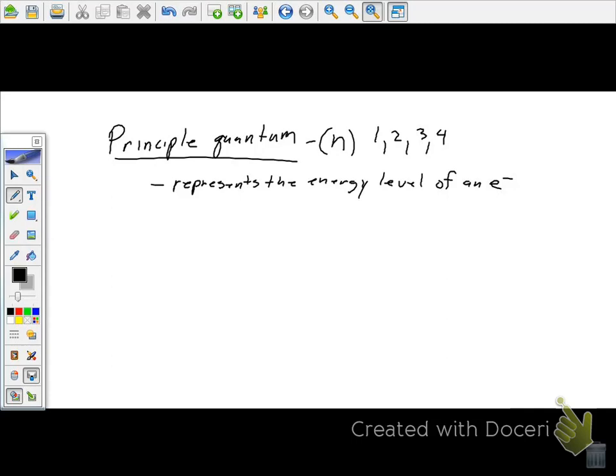There are 4 types of sub-levels: an S sub-level, a P, a D, and an F. Then we'll talk about those shapes and give you some visual descriptions as well. So we won't get into sub-levels, but the principal quantum number represents the energy level that you have.